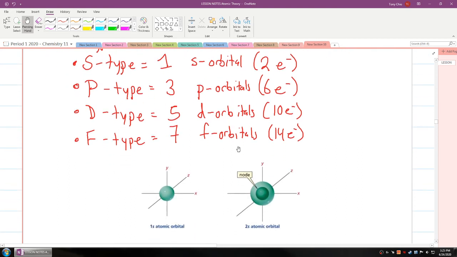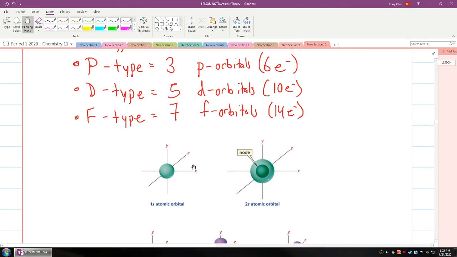So let's take a look at the first one. S orbitals are round. That means in this one s orbital, there are 2 electrons inside of it, somewhere in this region of space. This 2s orbital also has 2 electrons inside of it, in some region of space.